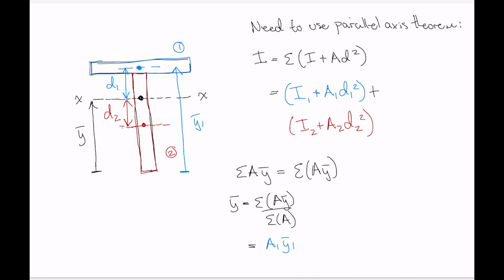And then we add on the same thing for the second component area, y bar 2, and divide by the sum of the areas, A1 plus A2. And here y bar 2 is again from the datum to the centroid of the component shape that we're considering.